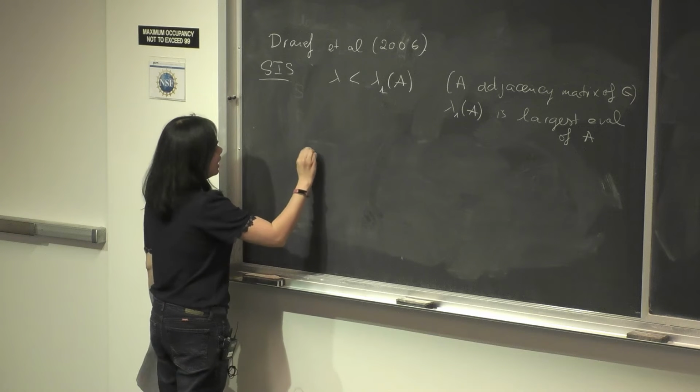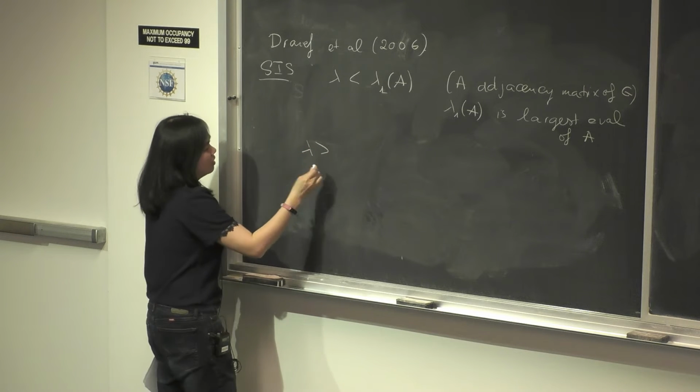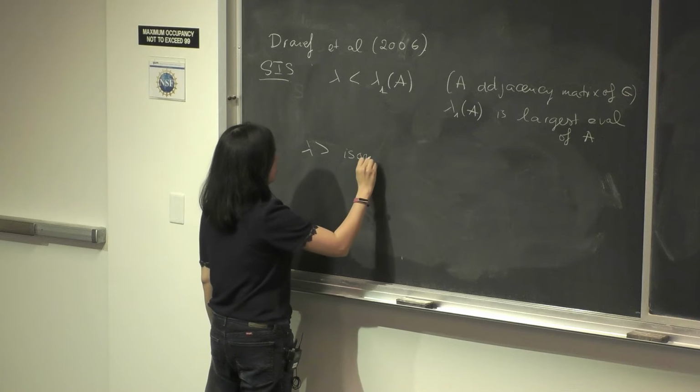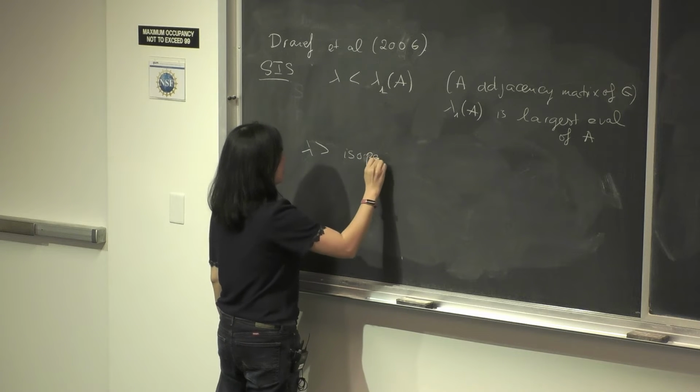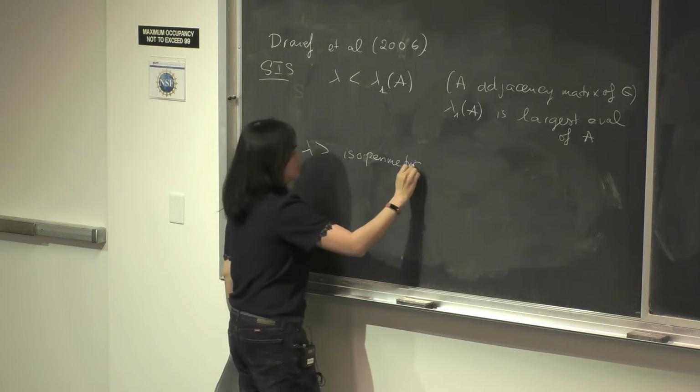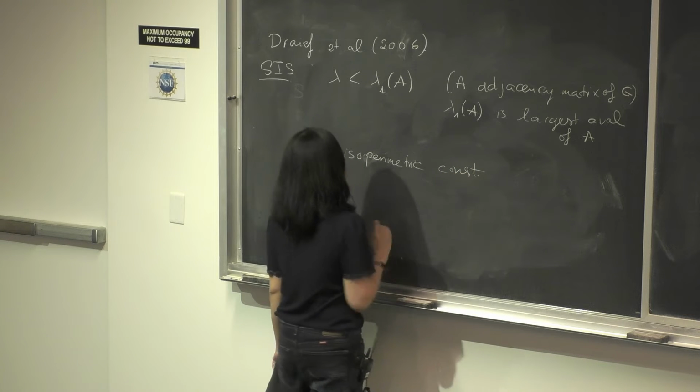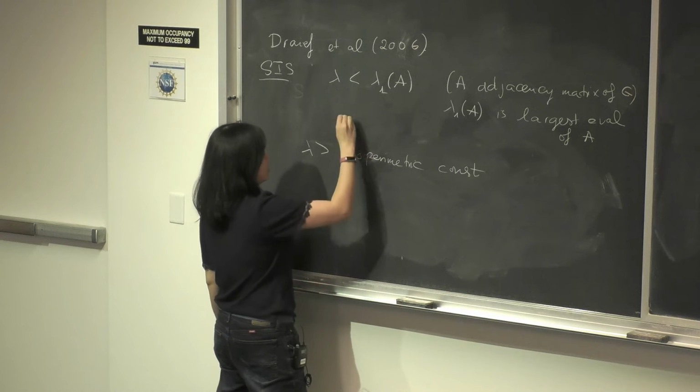And if lambda is larger than the isoperimetric constant, then the process survives for a long time.